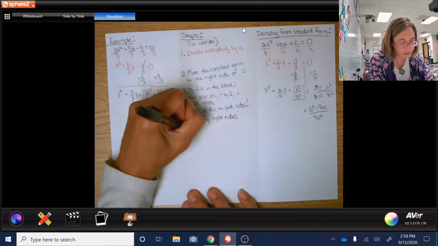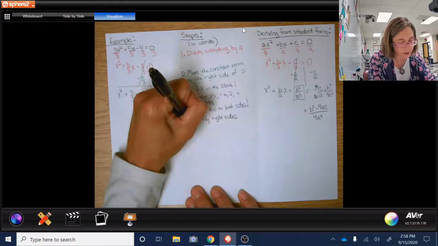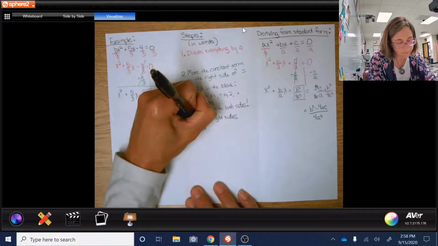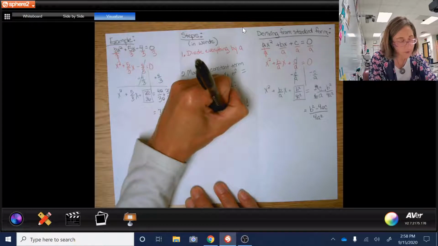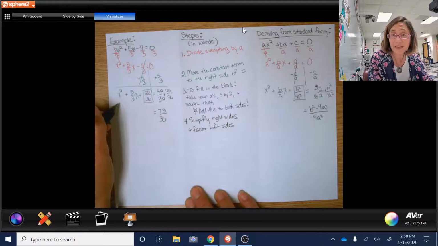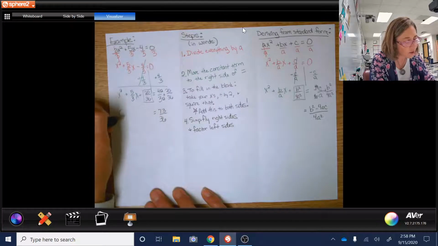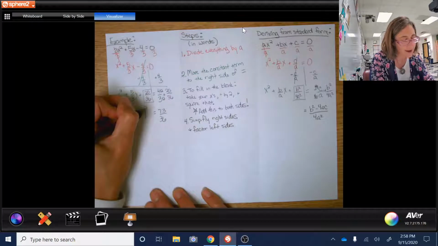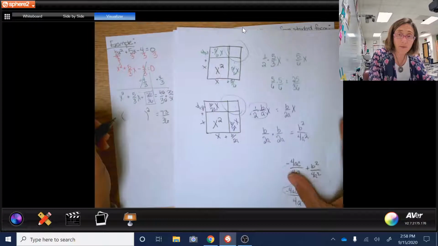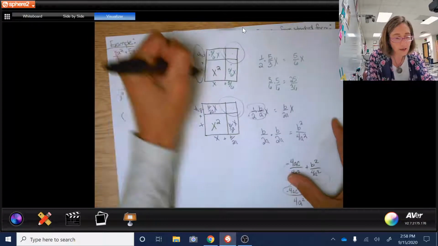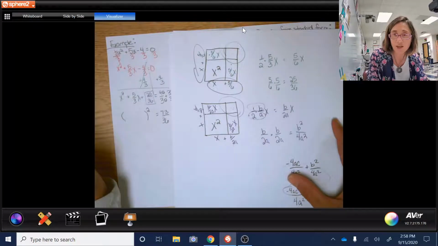On the left, I'm going to factor the left sides. Now remember, what we did here was we completed the square. So I know this is a perfect square because in my picture, I set it up that way. If you remember these pictures, you know how the length and the width match on that.